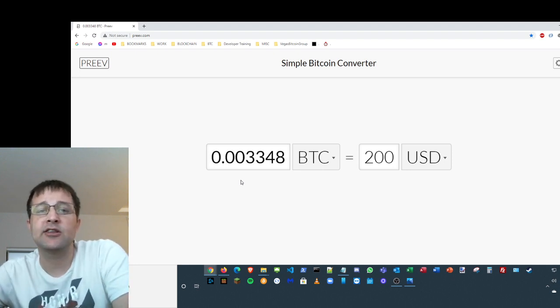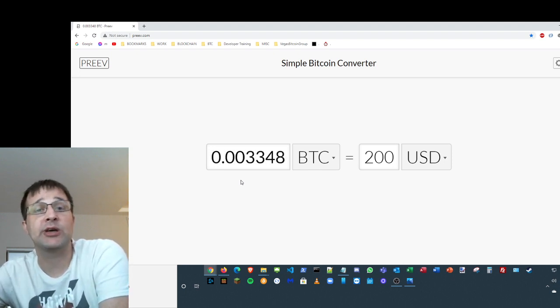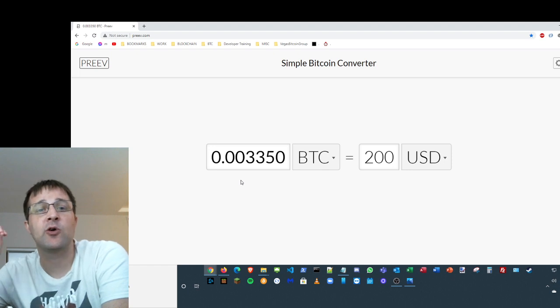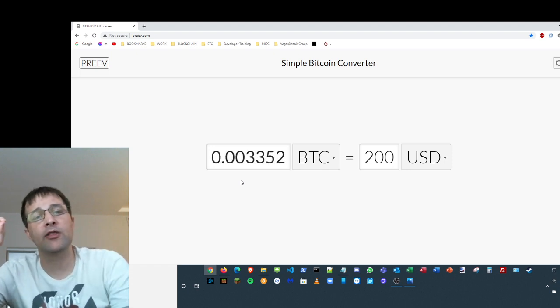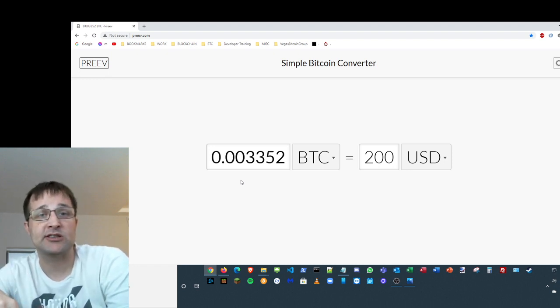Usually on their website they will list the current value of Bitcoin, so it will fluctuate as you go. They will put the quantity of Bitcoin that you owe at the moment of purchase.